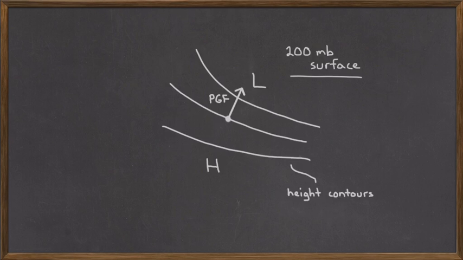At large scales, the Coriolis force comes into balance roughly, so Coriolis force pulls the other way, roughly the same amount. And we know that the Coriolis force is to the right of the wind direction. So if I'm standing at this point, if I want to get the Coriolis force to my right, I need to look that way. So that's the wind direction.